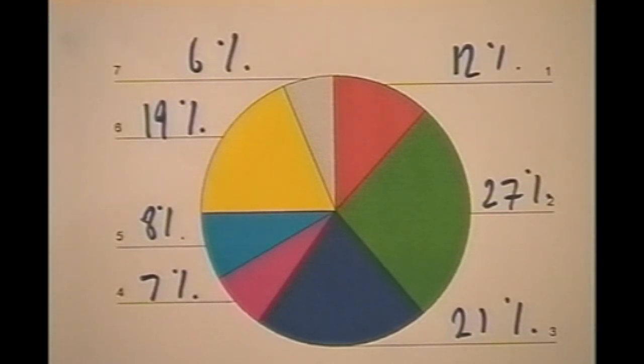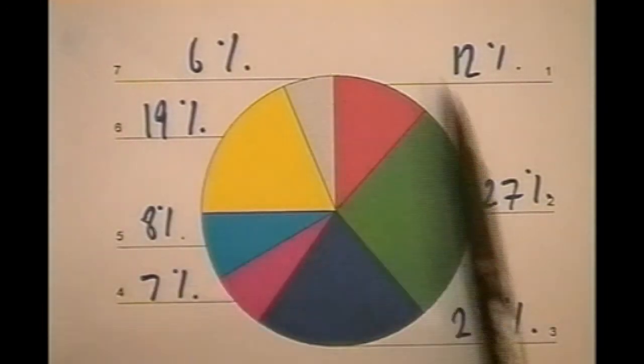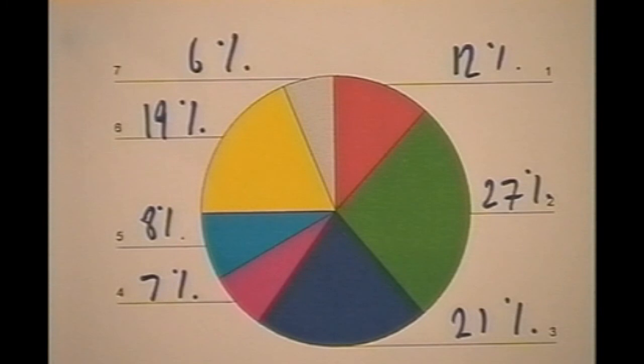Now, here is exactly the same information, but this time it's displayed in a pie chart. It's like a cake, and we're looking at the size of the slice of cake that represents an individual variable. And again, this is percentage of ice cream consumed per child. It's the same information, but given as a pie chart.